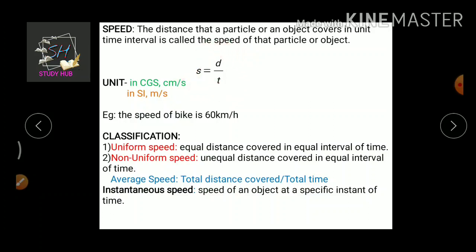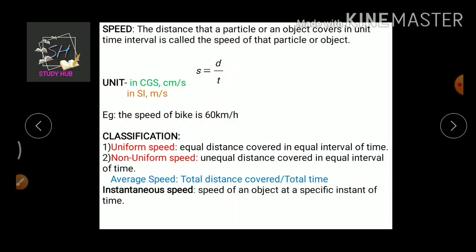In CGS system, distance is in centimeter and time always in second. So in CGS system, the unit of speed is centimeter per second. We call this sign per, centimeter per second. In SI system, the unit changes to meter per second.